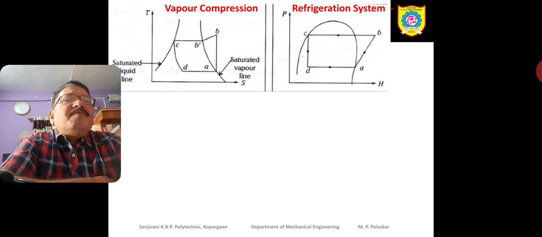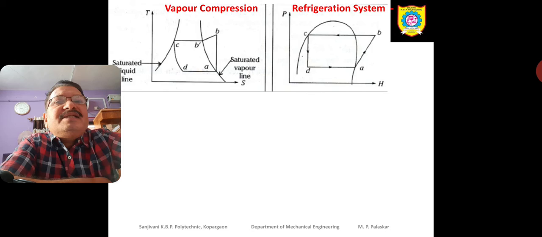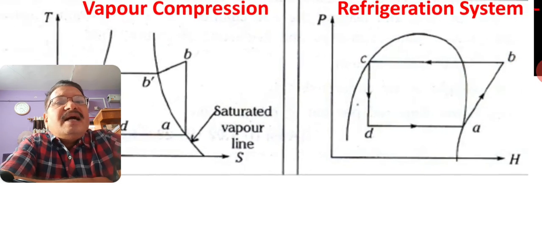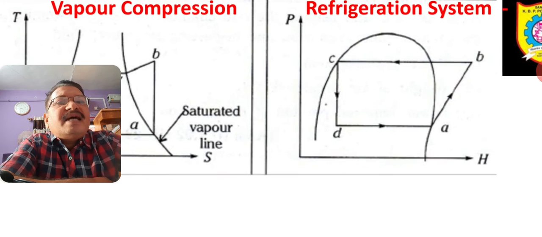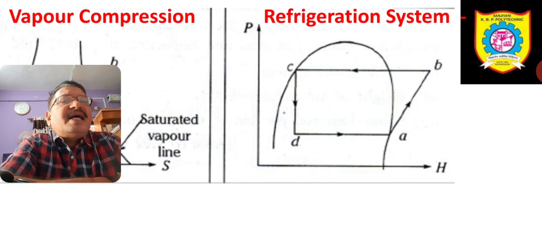So the vapor compression refrigeration system is based on the vapor compression refrigeration cycle. We have to show the vapor compression refrigeration cycle on the pH diagram and the TS diagram. Here you can see the TS diagram and the pH diagram. pH diagram means pressure enthalpy diagram.